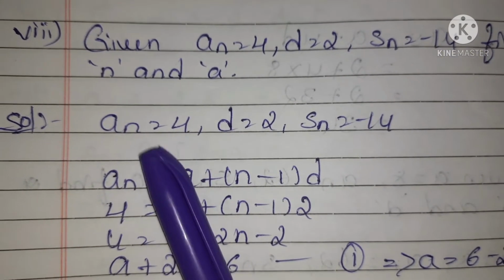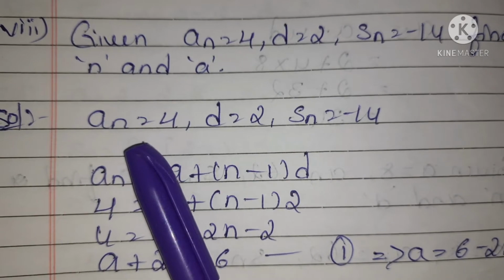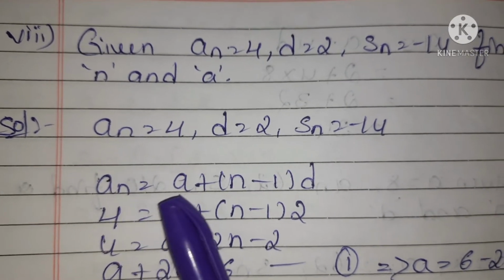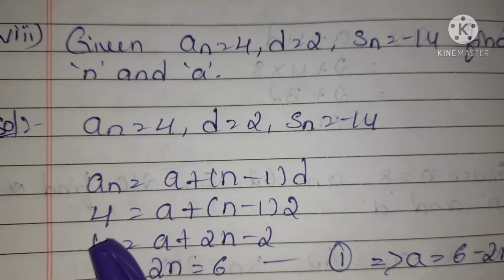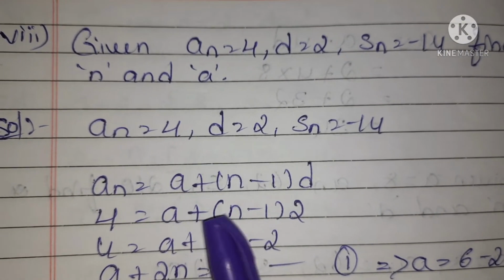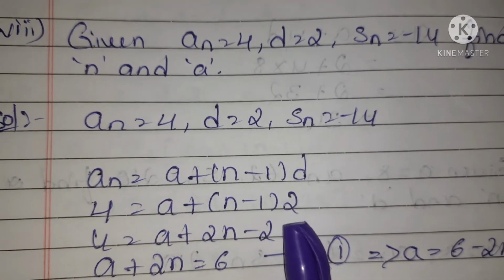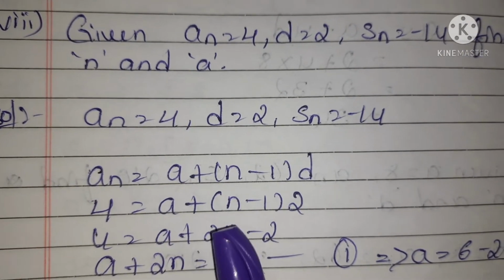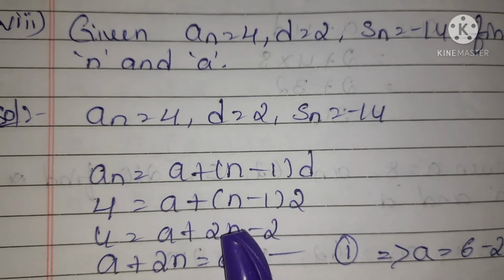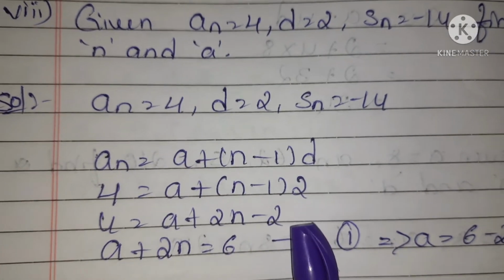AN they have given, that's why first you take AN. AN is equal to A plus N minus 1 into D. Here AN value is 4 is equal to A plus N minus 1 into D value is 2. Now 4 is equal to A plus 2N minus 2.